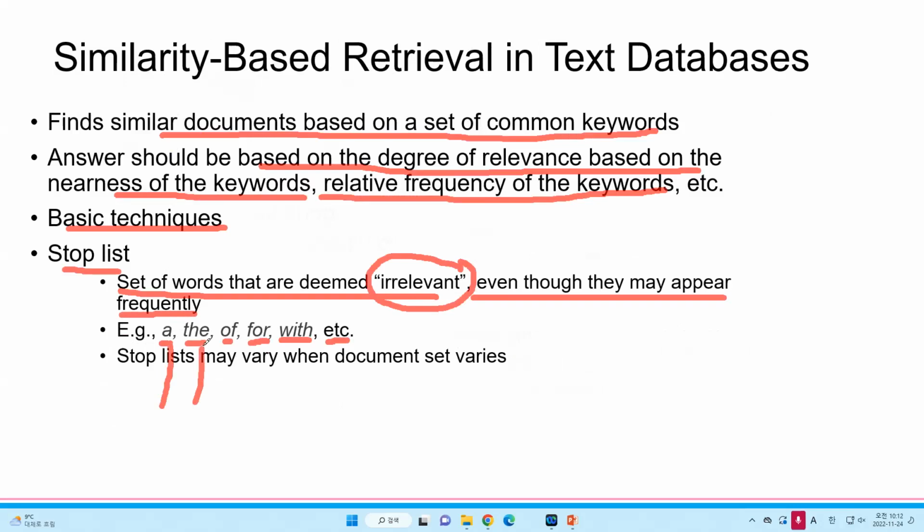The, it is to refer to something. So there is no meaning because it is irrelevant, so we can remove it. A stop list may vary when the document set varies, so it depends on the documents. If it is news, maybe you can remove all of them. But if it is a scientific document, for example, for the notebook, some of them might be important.